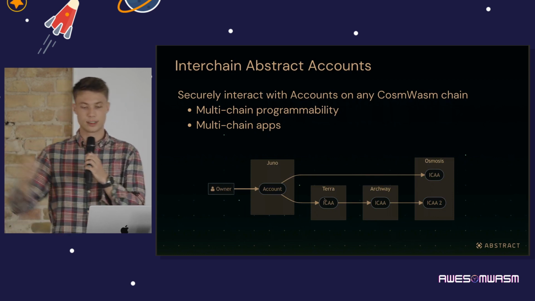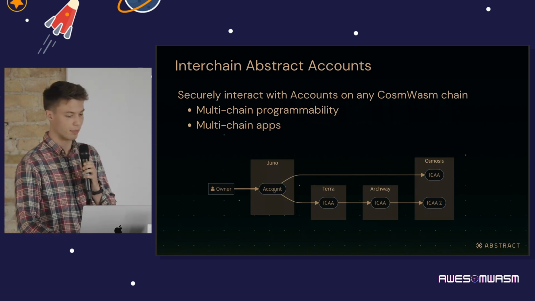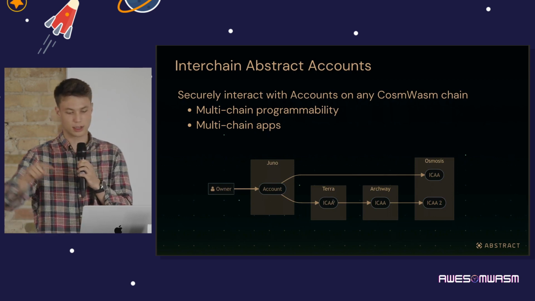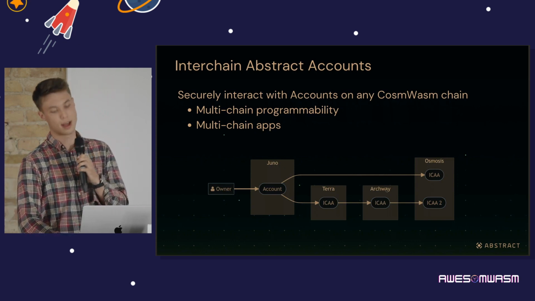And then this remote account is controlled by the owner account, and you can actually create multiple hops. An interchain abstract account can create another interchain abstract account, and that another one.